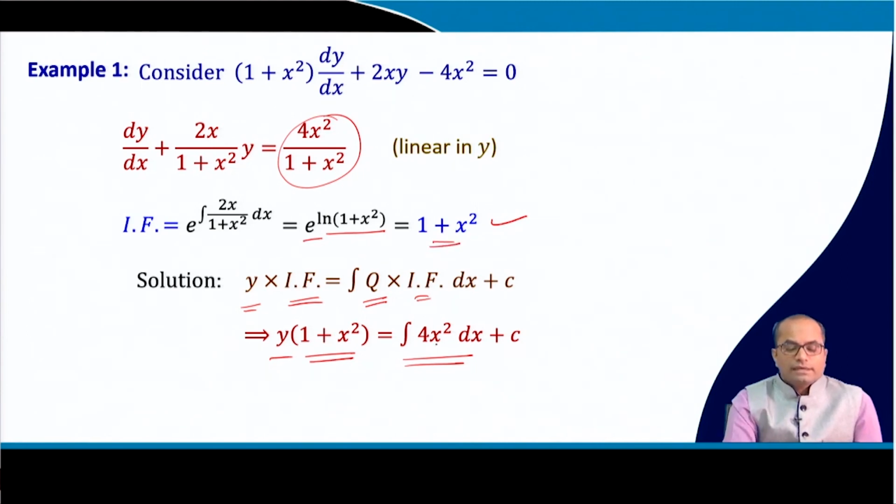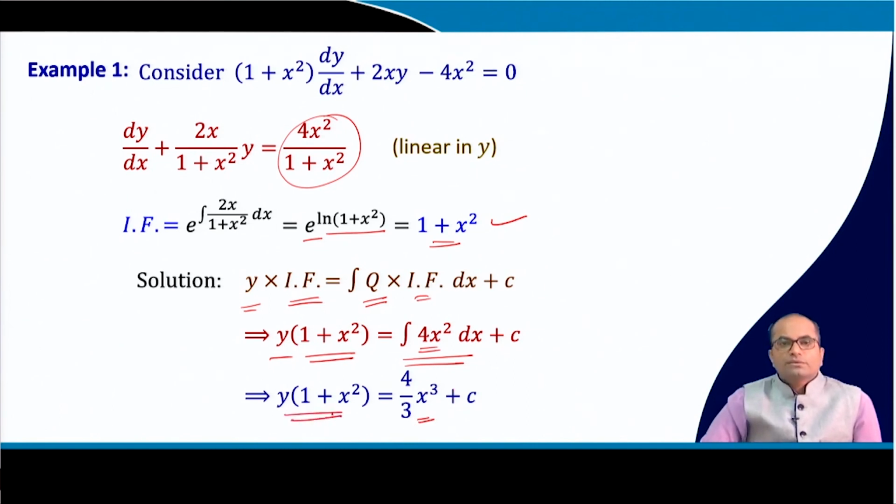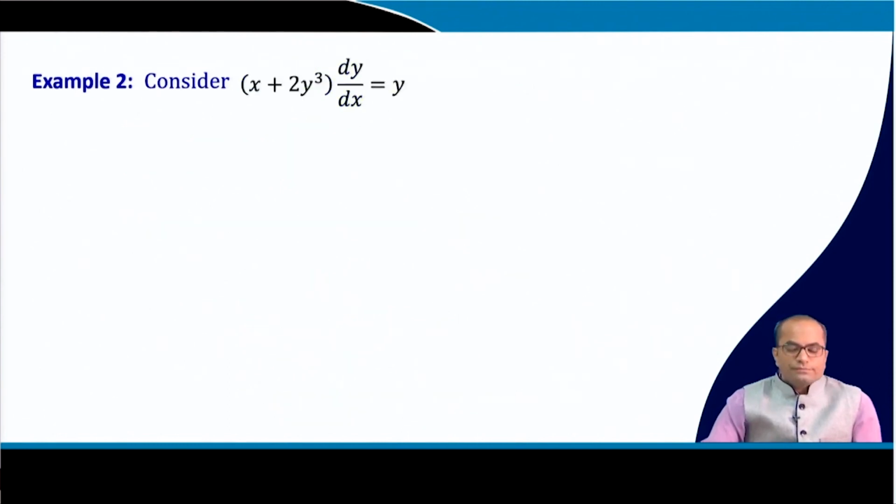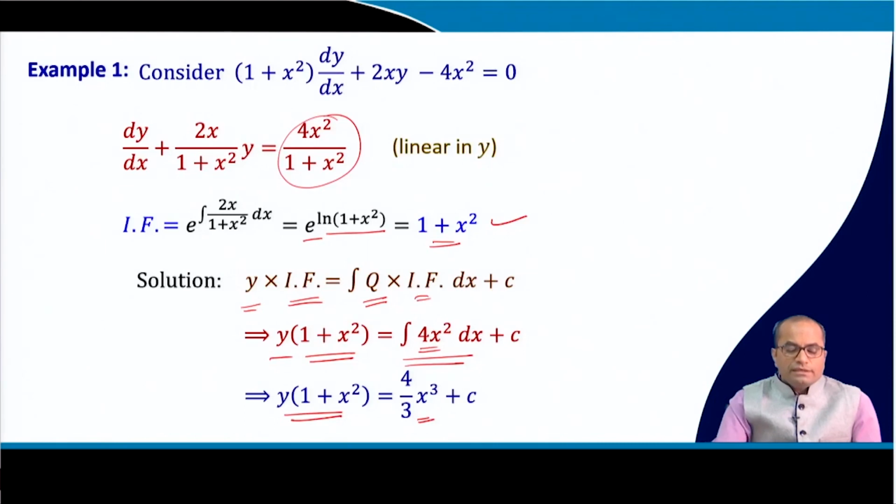So, this term will get cancelled, we will have only the integral of 4x square dx plus c, which can be integrated to give 4/3 x cube plus c. So, y into (1 plus x square) is equal to 4/3 x cube plus c. This is the solution of the given linear differential equation.